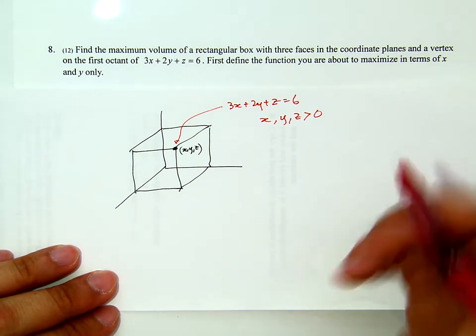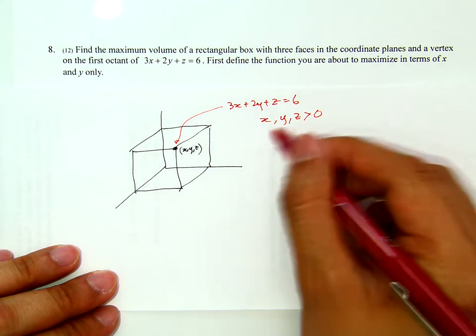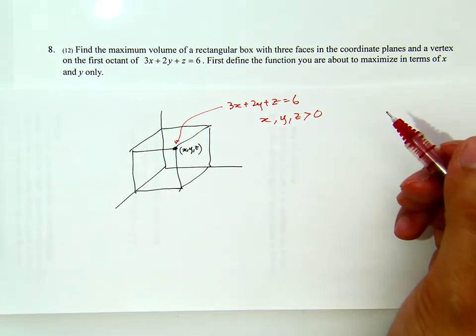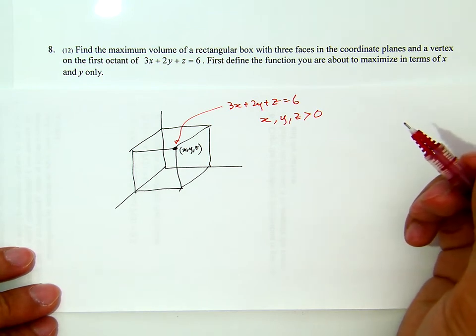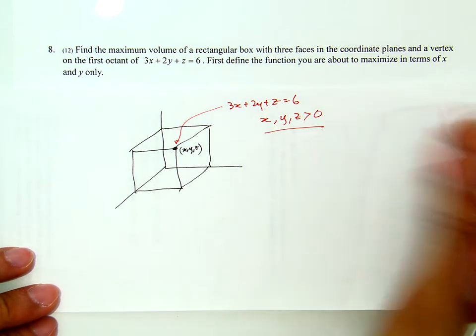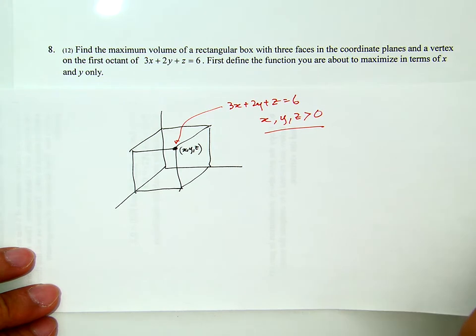Second, why not zero? If any one of them equals 0, the volume will be 0. So that's our restriction.